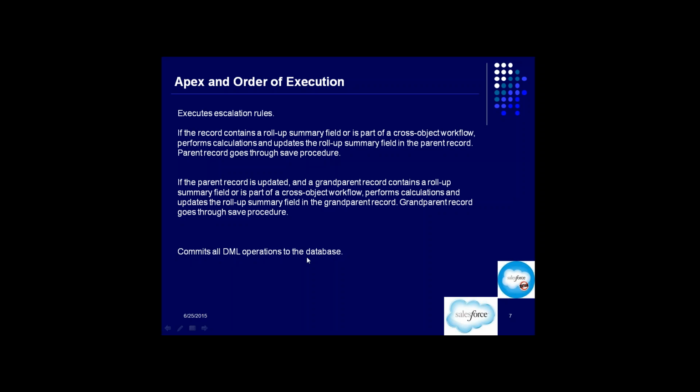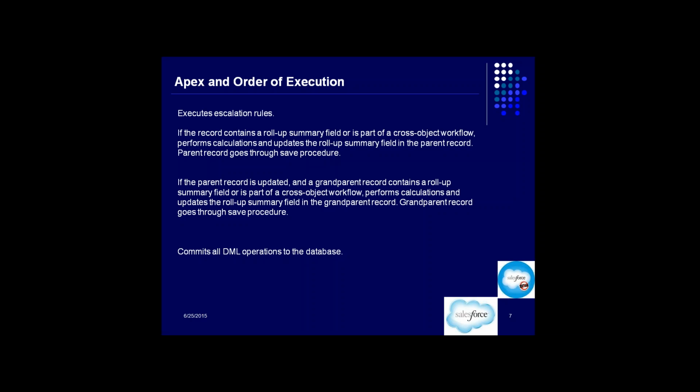Now, you connect this to the transaction concept which we were talking about a little while ago. So, in the transaction concept, what we were talking about, if there are three DML operations: one account, one contact, one opportunity. Let me use the same example. So the account gets created, and after that the contact gets created, right?